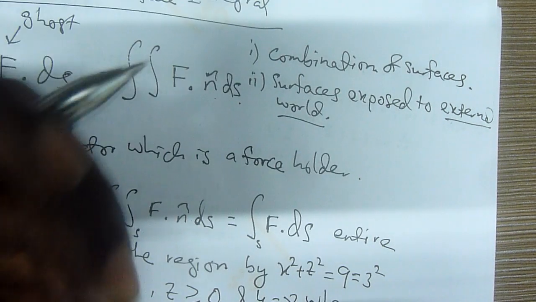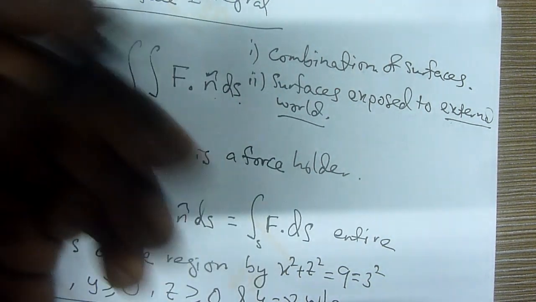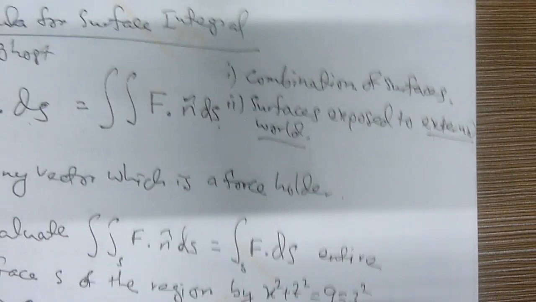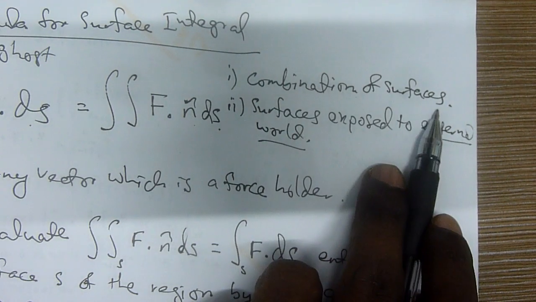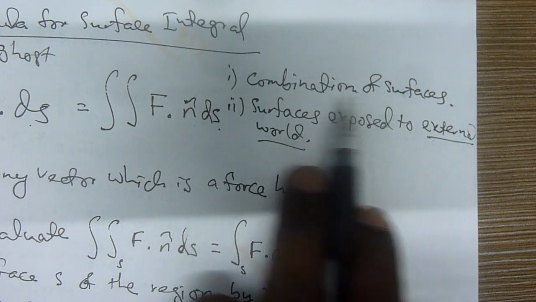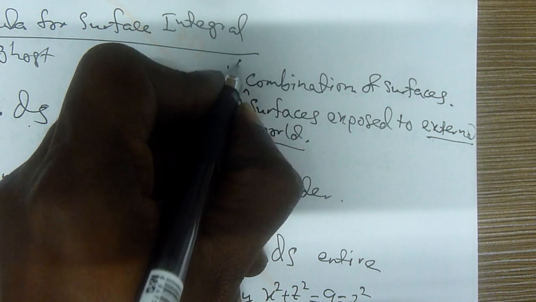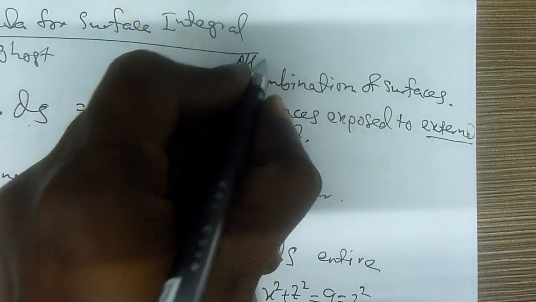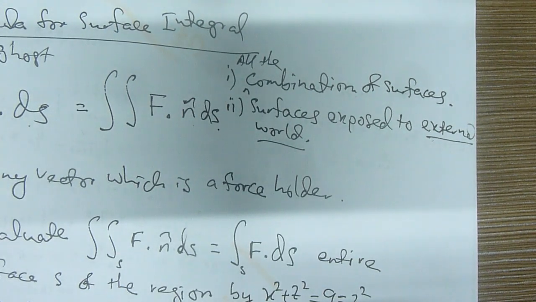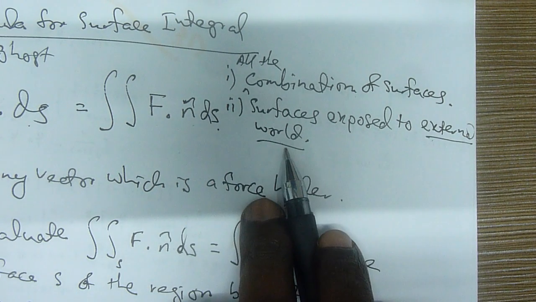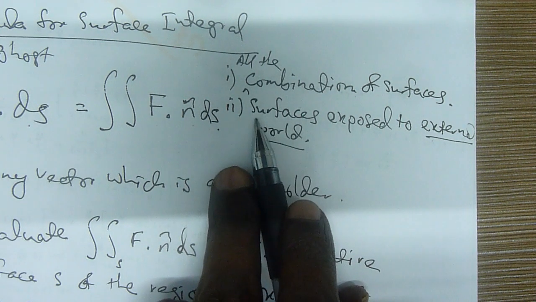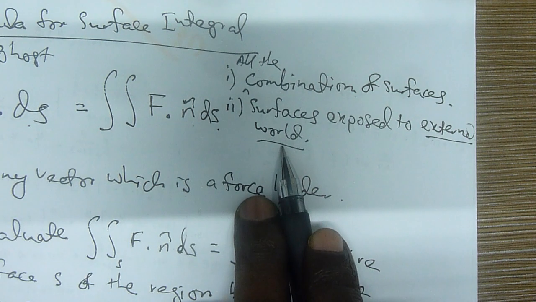Surfaces outside, outside of that box. In this case it's outside of this box. Is it clear? Combination of the surfaces means we are trying to identify all the combinations, which is very important here. All the combination of the surfaces exposed to the external world. We are referring to surfaces exposed to the external world.